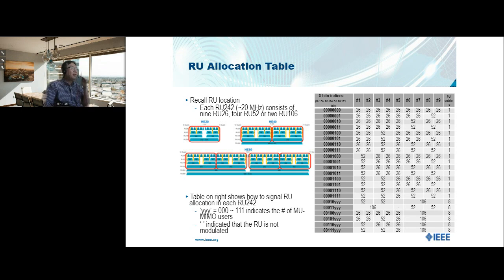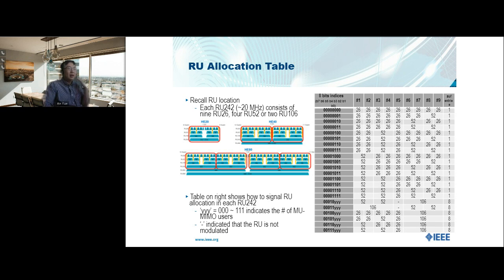To give an example, for this HE20, we have 9 RU26. The first entry in the RU assignment table, 00000000, corresponds to all 9 RU26 being assigned to users, and each RU26 is assigned to only one user.